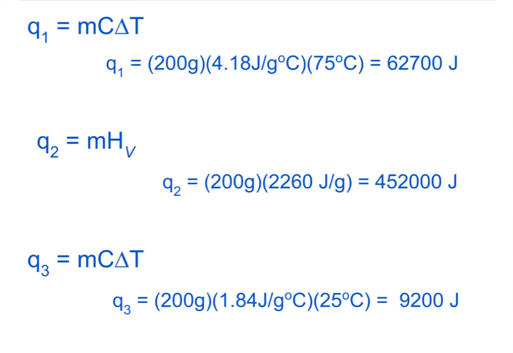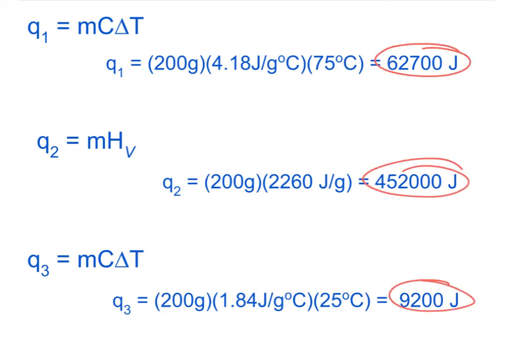So 200 grams times the specific heat capacity of water vapor, and then times the difference in temperature, from 100 to 125, which is 25 degrees Celsius. To find out how much energy went into the entire process of raising the temperature of that water sample from 25 degrees to 125, I need to add all these three numbers up.